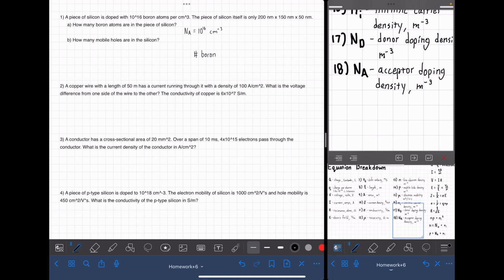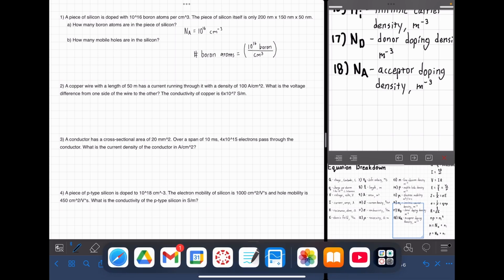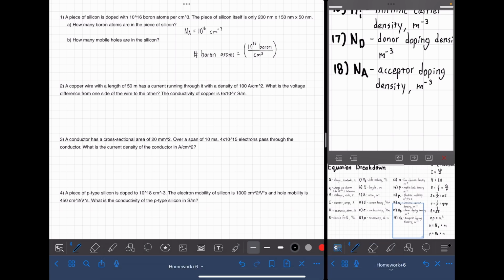There's no specific variable for this kind of equation. So let's see, we have our acceptor density that is 10 to the 16 boron atoms per centimeter cubed. And then we want to multiply that by our volume.